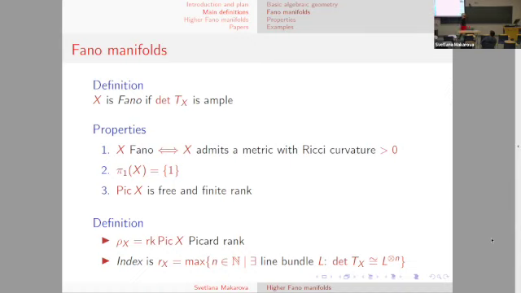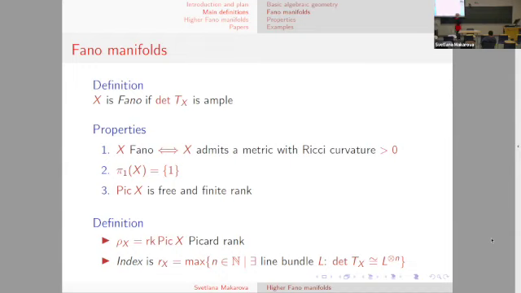And with this third property, we can observe that the following two invariants are well defined. So rho X, which is the rank of the Picard group as an abelian group, is well defined. And also we can define the index of a Fano variety X. Like so, the index is denoted by r.